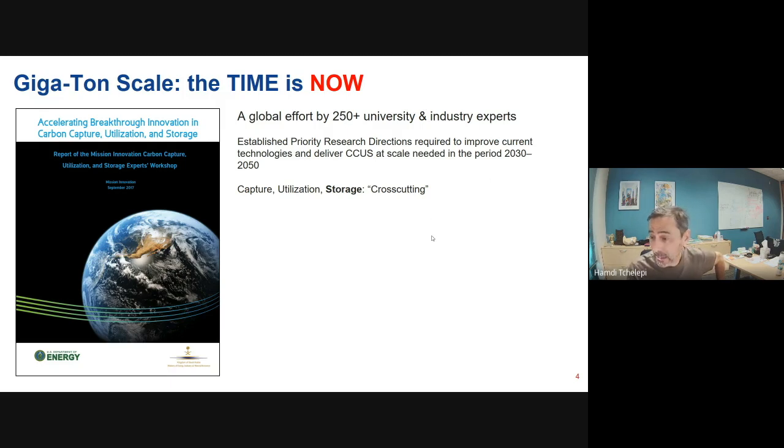And this is the objective of today's meeting: to talk about simulation capabilities that can be used to put away the CO2 at large enough scales to make a difference.